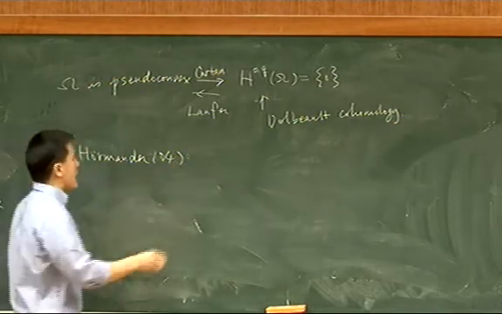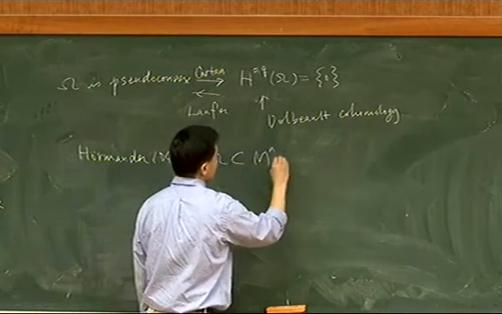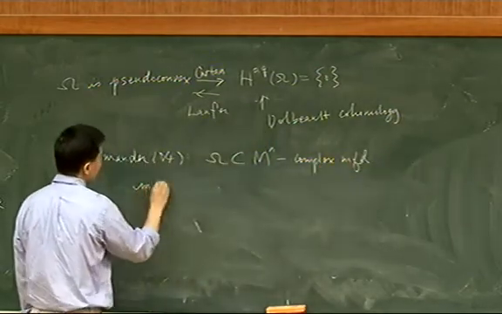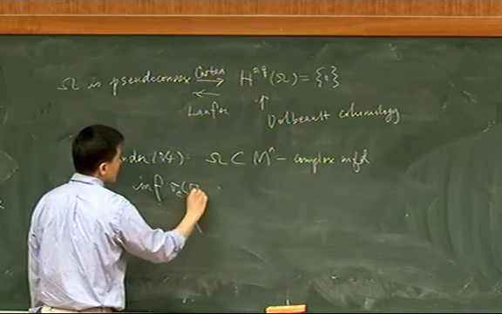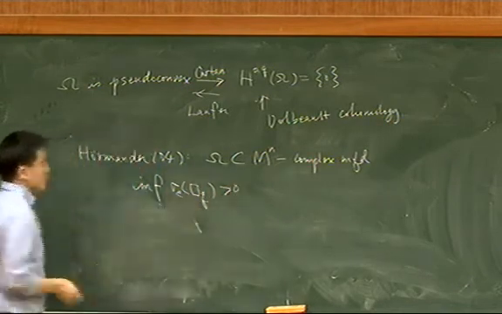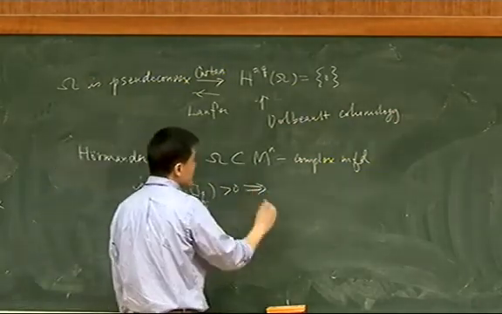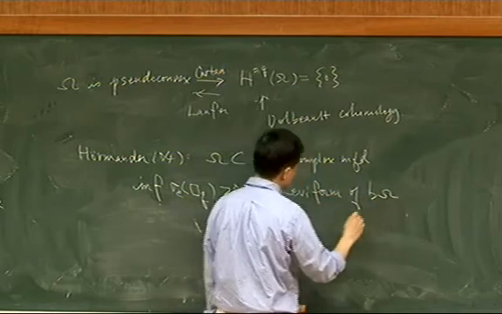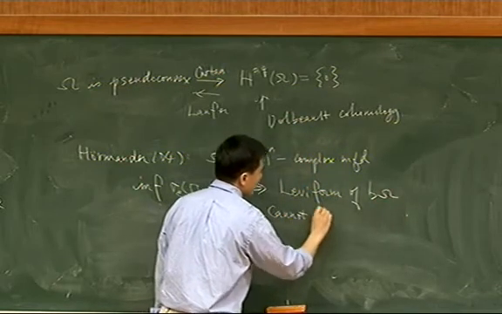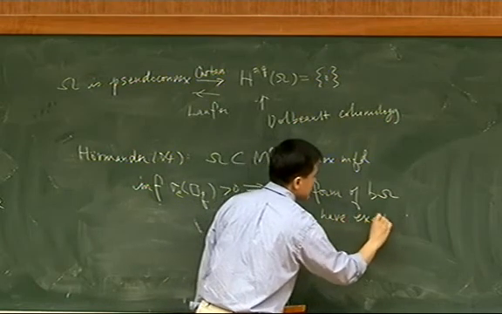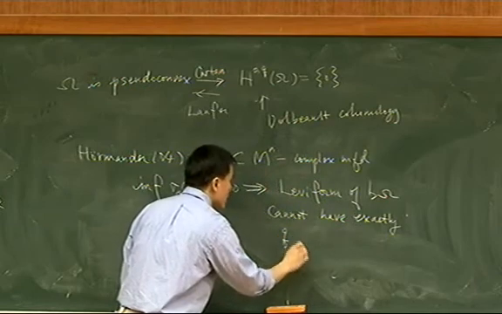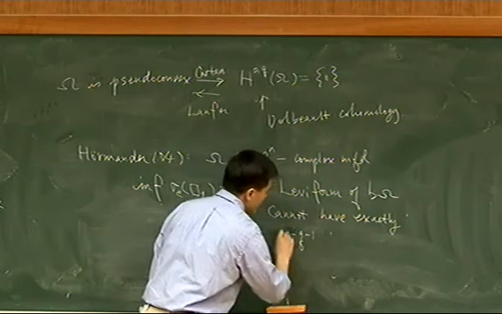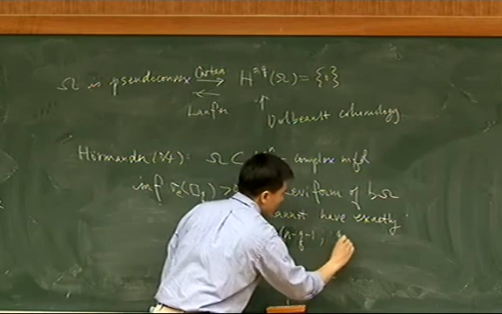He proved that if omega is a domain in an n-dimensional complex manifold, and the infimum of the essential spectrum is positive, I'm rephrasing his result in spectral theoretic terms, then the Levi form of the boundary cannot have exactly q negative eigenvalues and n minus q minus 1 positive eigenvalues.